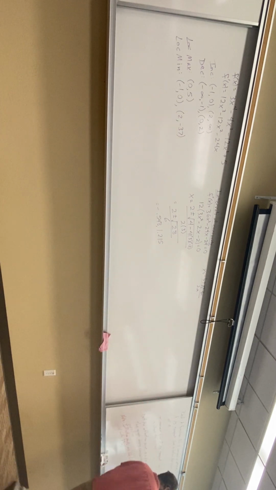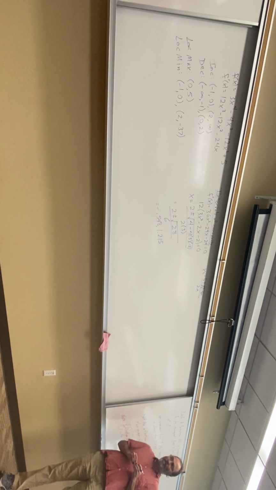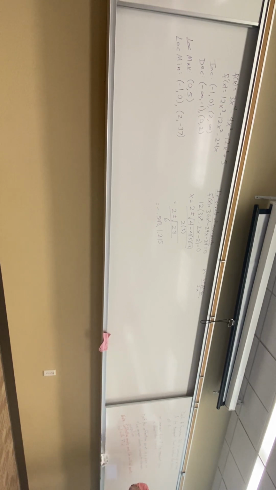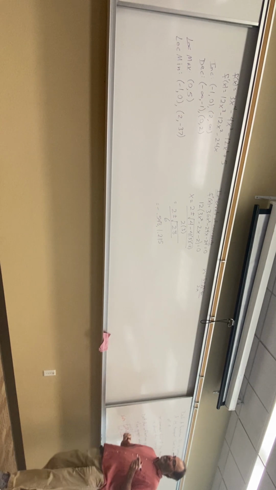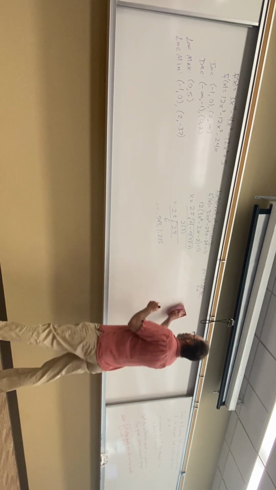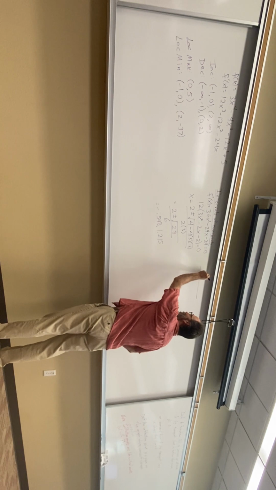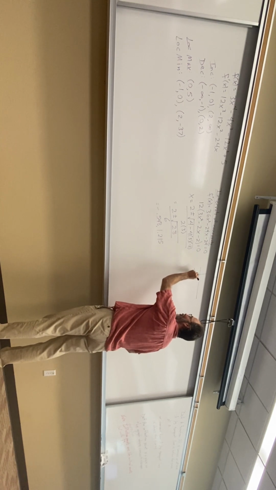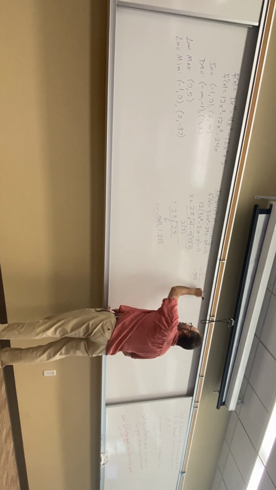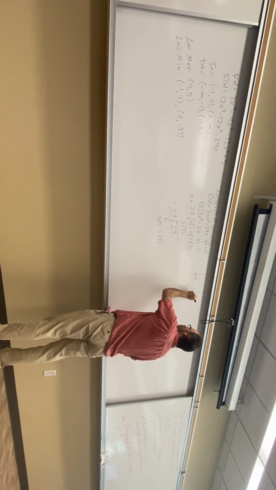So those are our two places where we could have inflection points. We probably have inflection points at those two places. But now what we need to do is set up our number line. So we have negative 0.548 and 1.215.